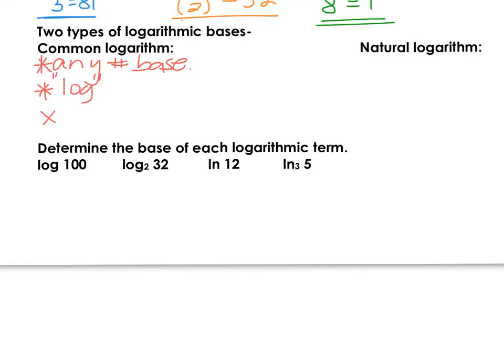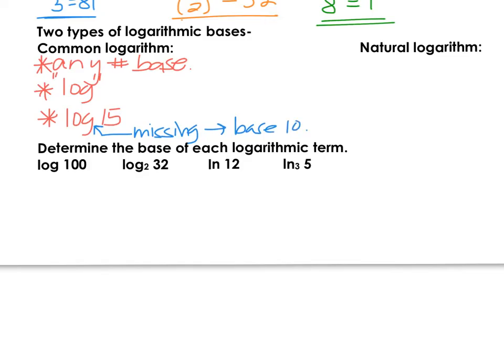If you don't have a logarithm base listed, like for example log of 15, if there's no number listed right here, so the base is missing, what that means is that it defaults to automatically be base 10. So if you have a base 10 logarithm, you don't even have to write the 10.